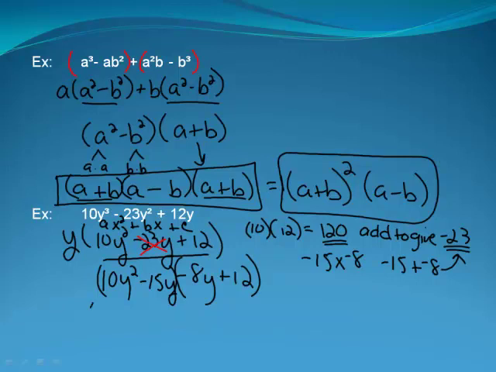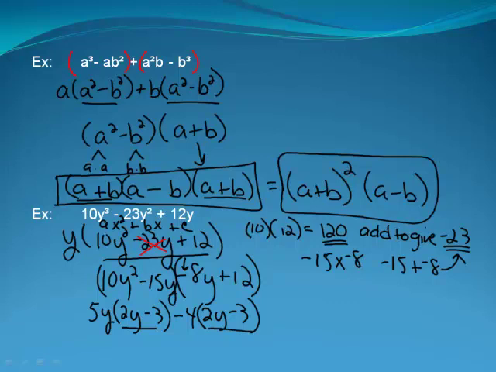So out of this first group, I can pull a 5 and a y out, which leaves me with 2y minus 3. Out of my second group, because that leading term is negative, I know I'm going to pull out a negative something. Here I can pull out a negative 4, which leaves me with 2y, and 12 divided by negative 4 is negative 3. So 2y minus 3 as well.